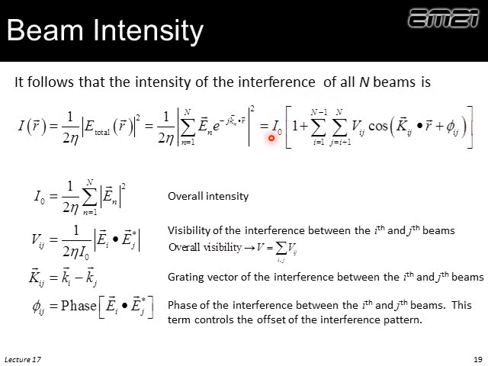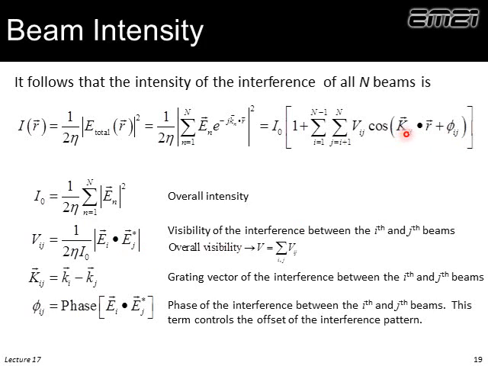We have an overall intensity, and what goes into that are really the intensities of the individual beams. Then we have a sum of a whole bunch of different gratings. Each one of those has its own visibility. So we're looking at the visibility between the I and J beams. It makes sense that the visibility would involve a dot product between the polarizations of the I and J beams.